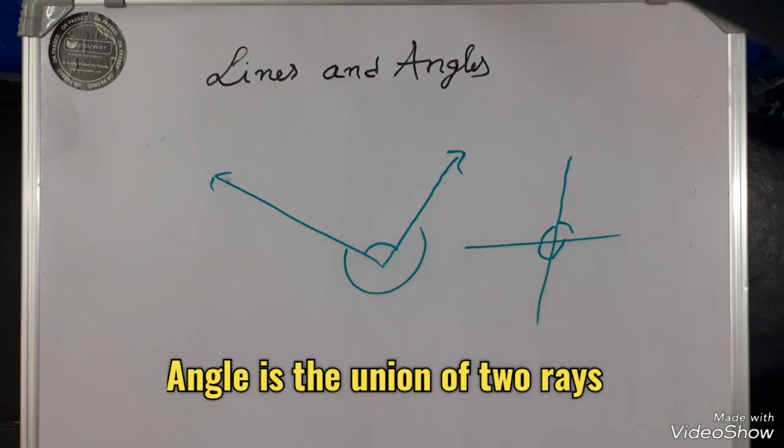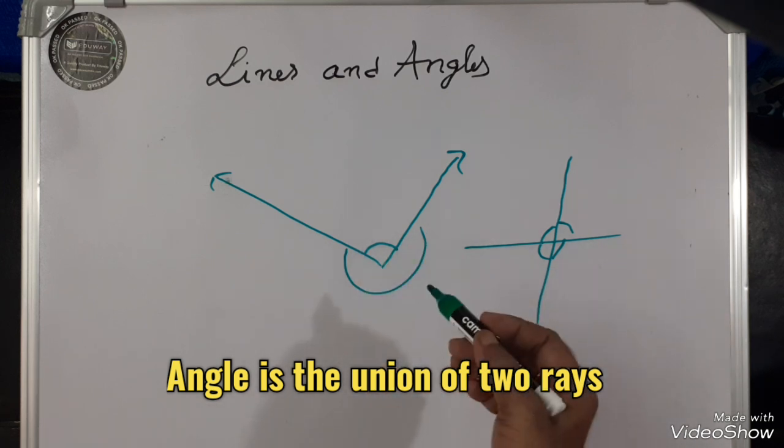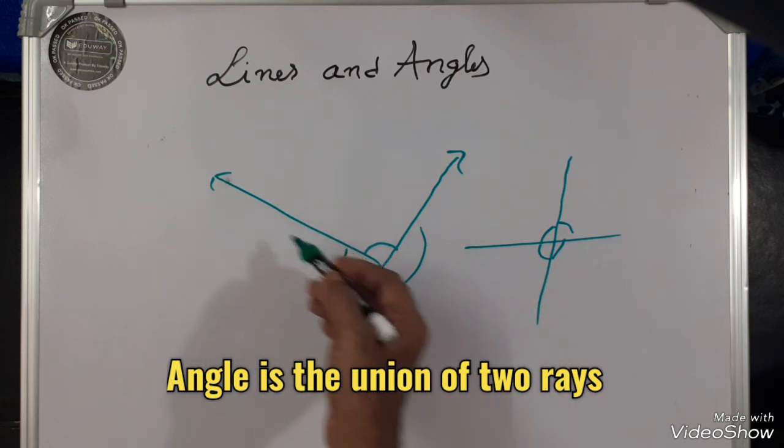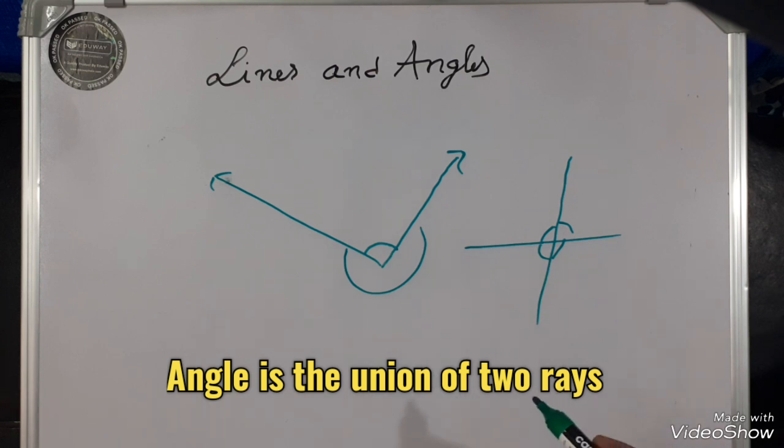So these are called angles. Simply, an angle is the union of two rays. Definition of angle: an angle is the union of two rays.